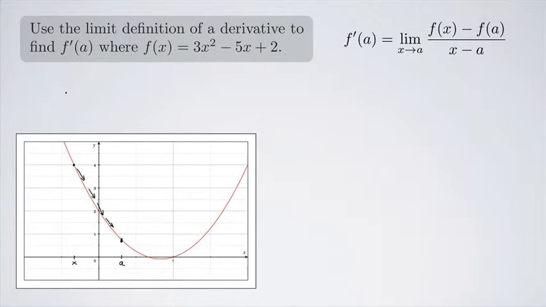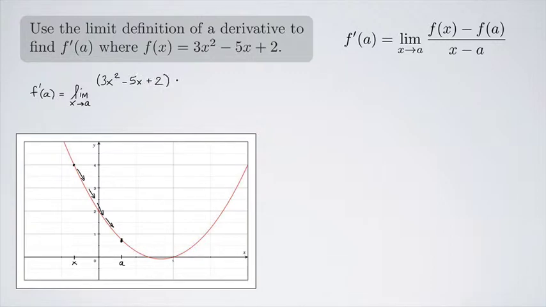Okay, so let's actually do the calculation. f prime of a is going to equal the limit as x approaches a of f of x. What's f of x? That's just 3x squared minus 5x plus 2.